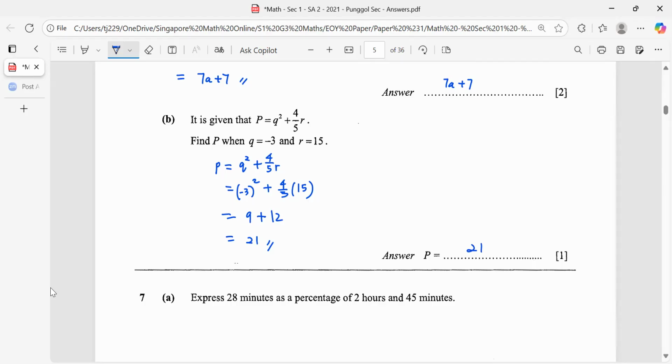So just bear in mind that it is important for us to put the number that we are substituting into the equation within a bracket all the time. Now, what happens if we do not put a bracket? Then it will be troublesome, especially when we come to substituting negative values.